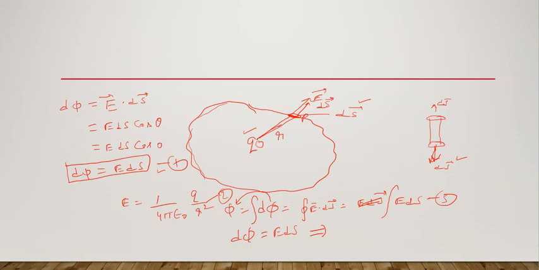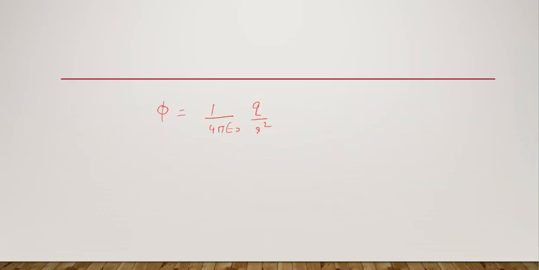Integral of d phi will be phi equals integral of E ds. Putting the value of E, it becomes 1 by 4 pi epsilon naught q by r square integral of ds.